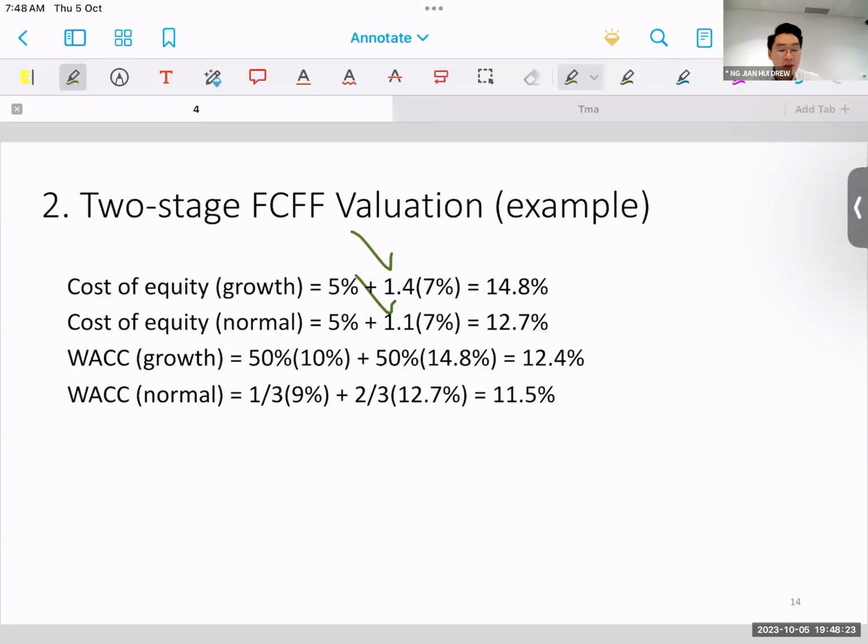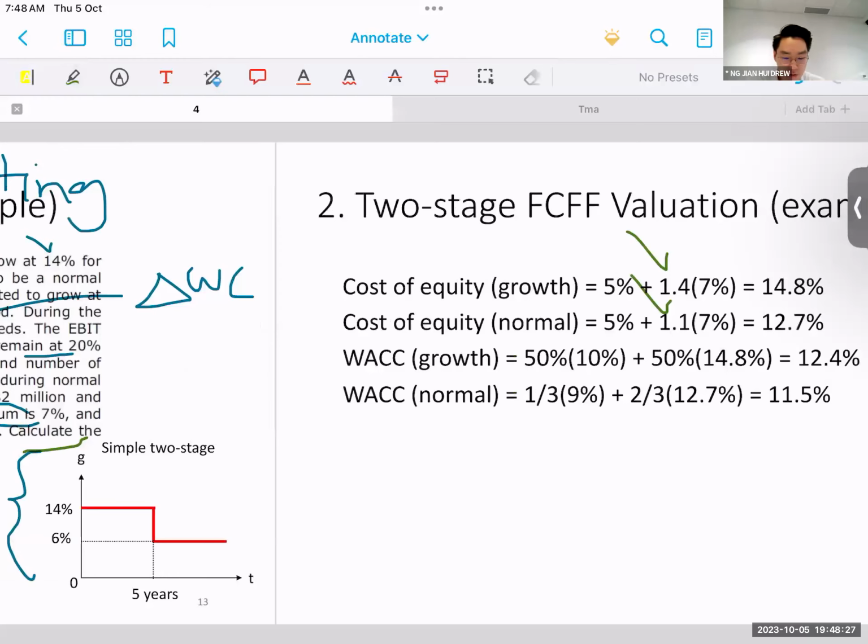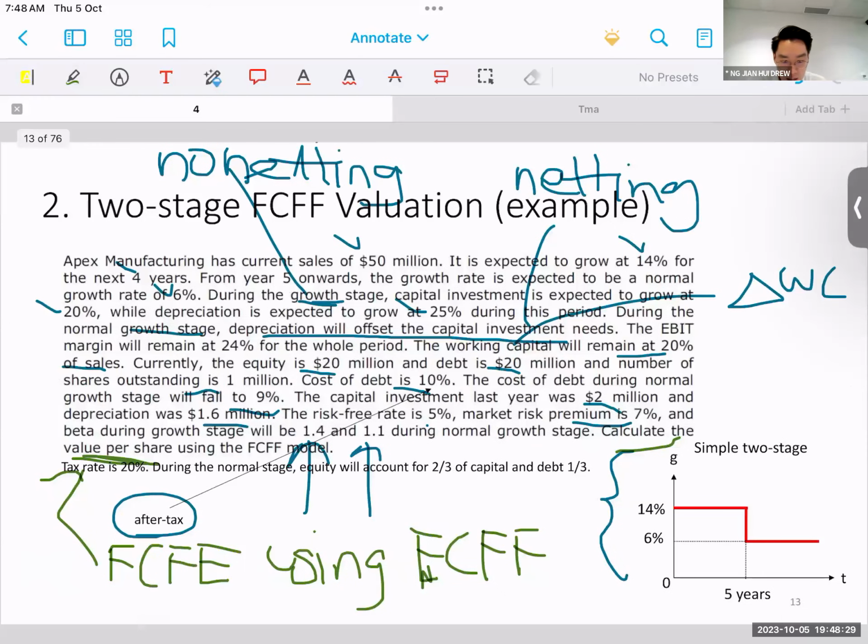We are given 2 different capital structures. Let's just quickly refer back to the question. We are given that, let's see, can you see here? Current equity is 20, debt is 20, right? So we know that at the moment, the capital structure is 50/50.